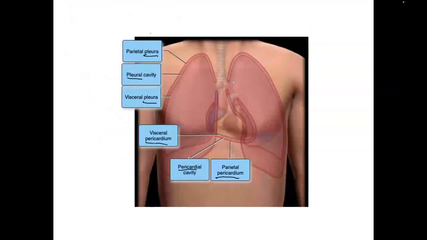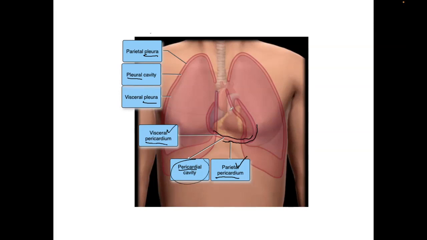So now, when we look at the heart, we see this layer closest to the organ. Then we see this layer on the outer side, closer to the body wall. So the outer layer is the parietal pericardium. The one closest to the organ is the visceral pericardium. The layer right between both is the pericardial cavity. That's where you have pericardial fluid.